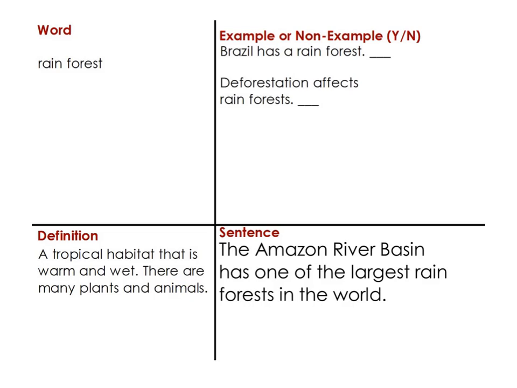There are many plants and animals. Let's read the sentence. The Amazon River Basin has one of the largest rainforests in the world. You complete example or non-example.